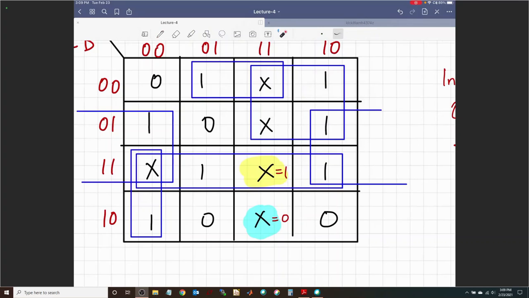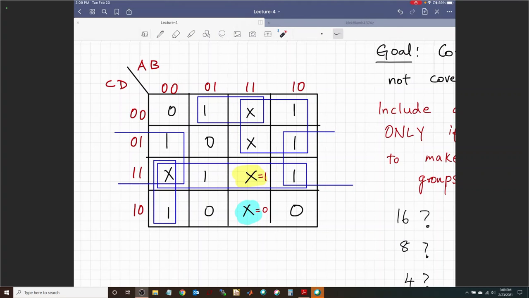So when you actually make this into a circuit, you implement this particular simplified SOP, the result of this K-map. For the case when A is a 1, B is a 1, C is a 1, D is a 1, the light would be on, the function would be true. However, for this don't care, because we left it out of the group, it's being treated as if it was a 0.